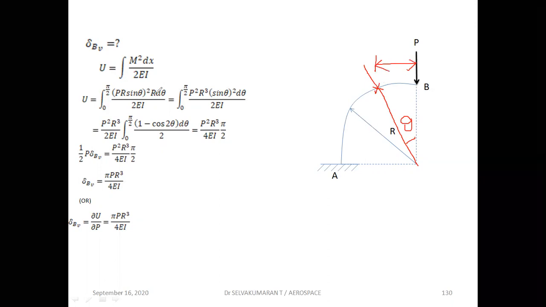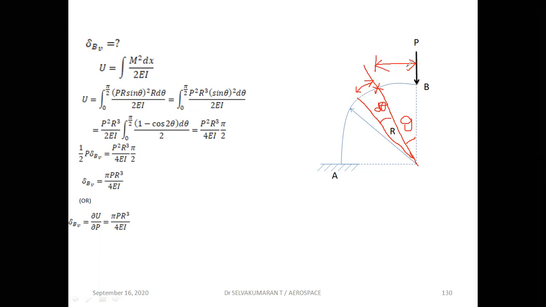So PR sine theta will be M. Dx is nothing but, if I consider a small region like this, in some books the formula M square ds is given. Suppose this is my ds and this is my d theta, then this arc length is nothing but R into d theta.